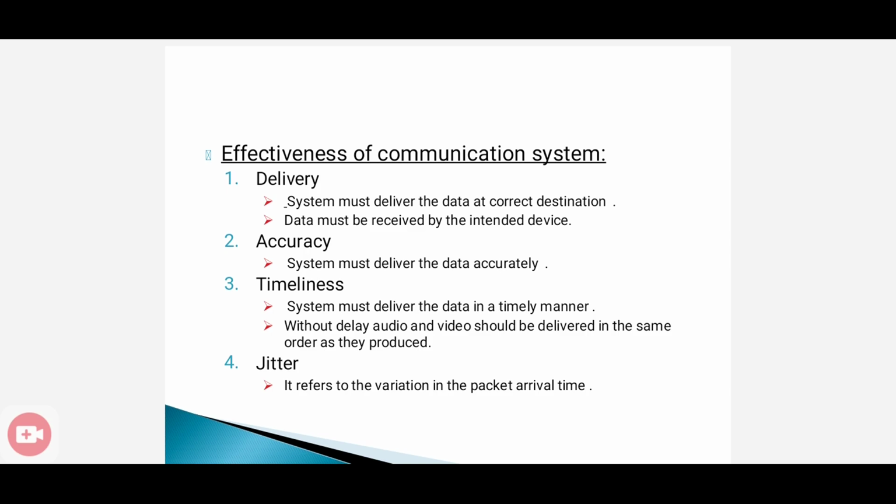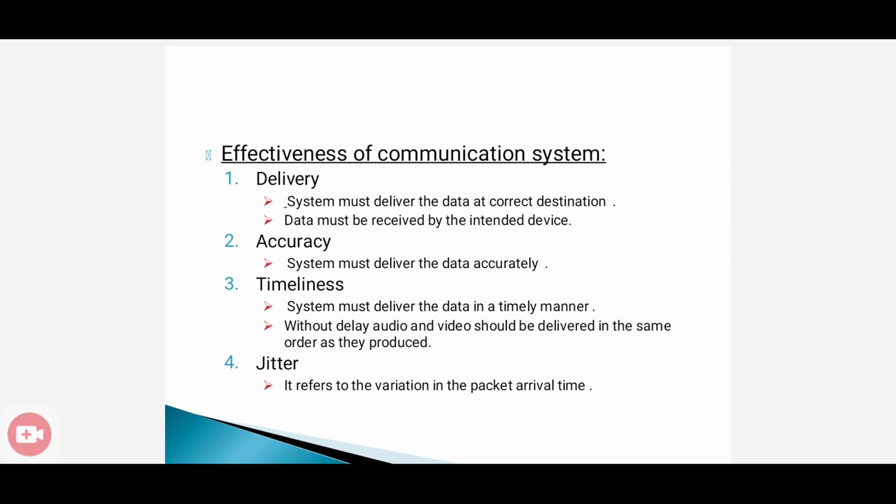First one, delivery. A communication system must deliver the data at the correct destination. So we have a sender and a receiver. The sender sends the data, and the communication system must deliver that data at the correct receiver or destination.